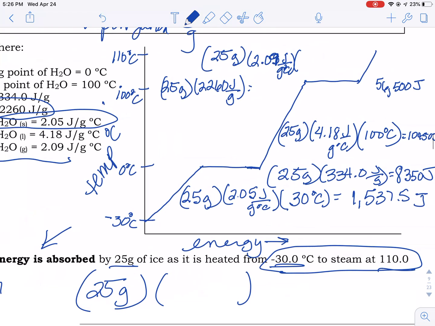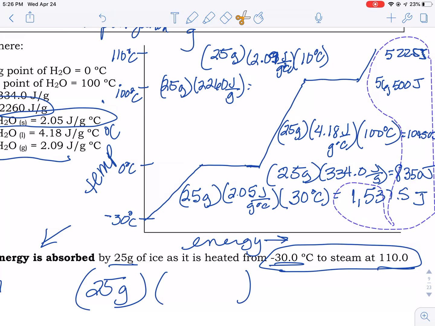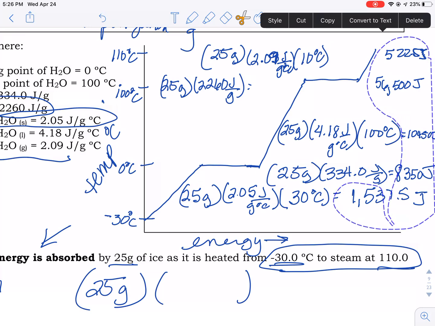And the temperature change is just 10 degrees Celsius. And that's 522.5 joules.